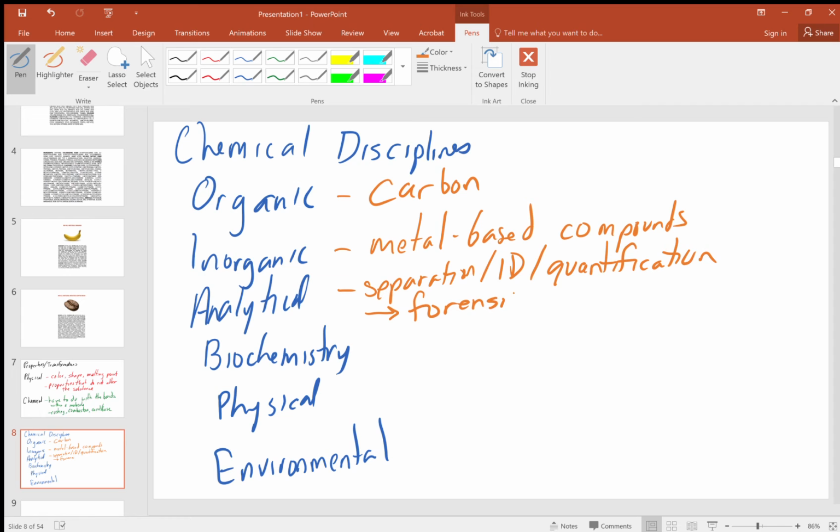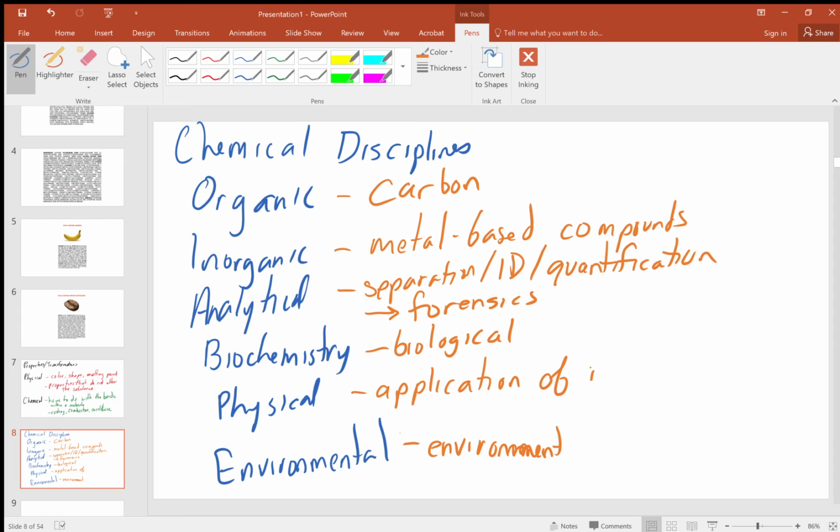A lot of forensic chemistry is considered analytical chemistry. Biochemistry is exactly what it sounds like. It's biological. Same thing with environmental. This is studying the chemistry of the environment. And physical is the application of, or the sort of the intersection of physics and chemistry.